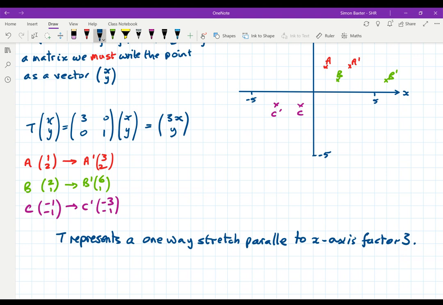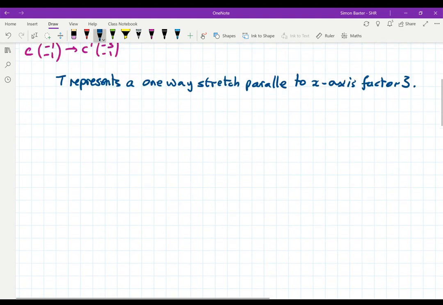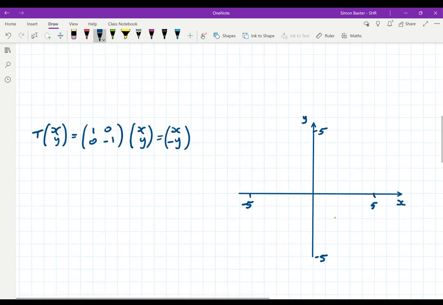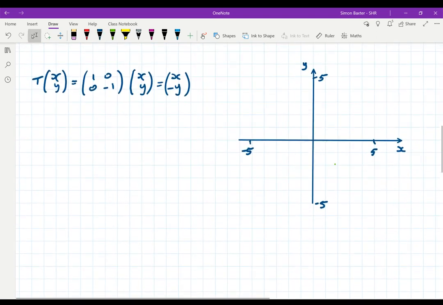Okay, let's have a look at another example. Here I have the matrix [1, 0; 0, -1]. If we multiply (x, y) by this matrix, I've already done it, we see that we get (x, -y). Well, let's look at one or two points again.